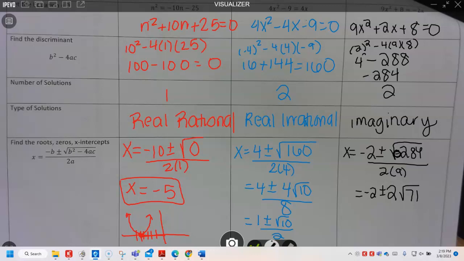So you have negative 2 plus or minus 2i square roots of 71 all over 18. And again, you could take a 2 out of negative 2, 2, and 18 to get negative 1 plus or minus i square roots of 71 all over 9.